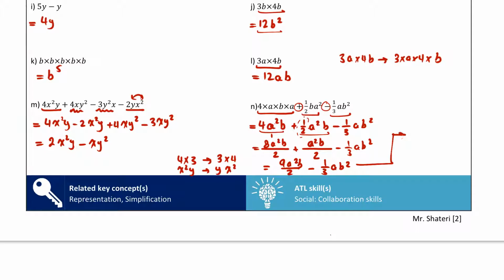A better form of writing this is just 9 over 2 a squared b minus 1 over 3ab squared. Note that you can also write this as 1 over 2a squared b minus 1 over 3ab squared.